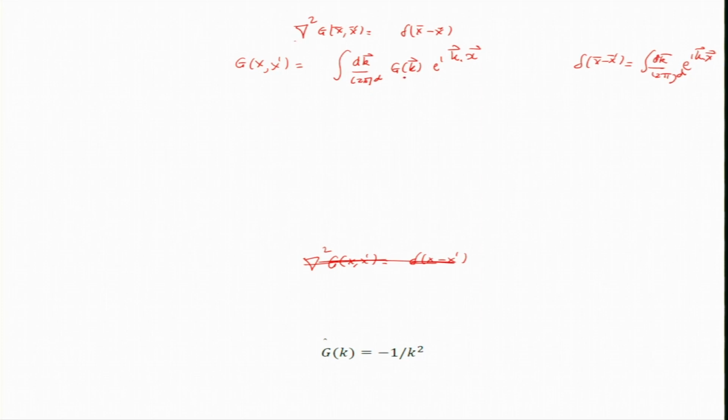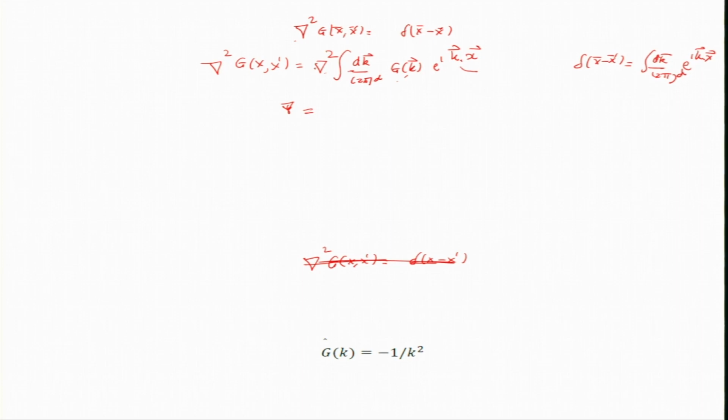So, the Laplacian will act on what? The Laplacian acts on G. The Laplacian is a function of x, so it does nothing to this one, nothing to this one. It will act straight on this. So, what will that be? Minus k squared, because the gradient gives you i k, and another gradient gives you i k.